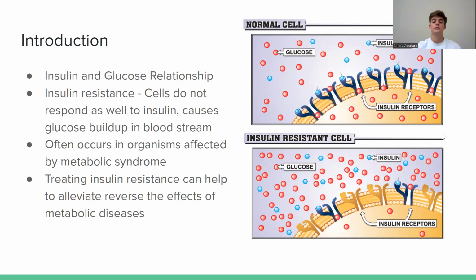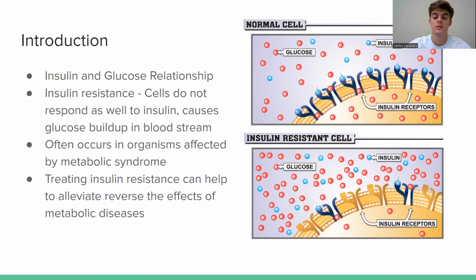Insulin resistance often can occur in organisms that are affected by metabolic syndrome and metabolic diseases, which I will go into a little bit later in the presentation. But insulin resistance overall is really harmful to the body, and is something that we want to be able to treat.